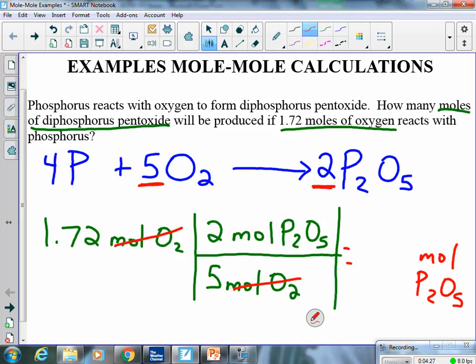I multiply by the top, I divide by the bottom. So I have 1.72, multiply that by 2 to get 3.44, and then I divide that by 5, and I get my value in 3 significant digits to be 0.688.